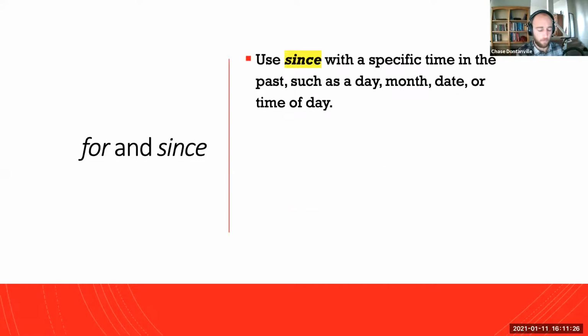On the other hand, since. Use since with a specific time in the past, such as a day, month, date, or time of day. So not an amount of time, but a specific time. He's been absent since Tuesday. So Tuesday is a specific time.